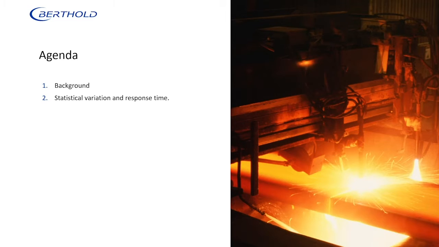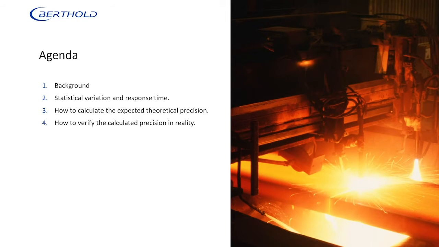We look at how to calculate the expected theoretical precision. Once we have the theoretical precision, we would like to verify this in reality. If we have an old caster, we might also have some issues with crosstalk. This we will address in this bullet point.